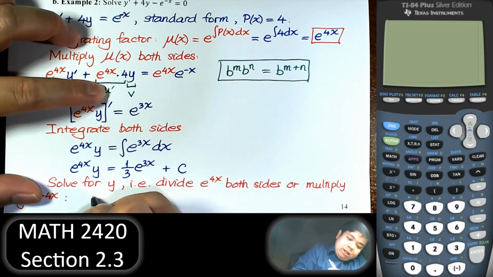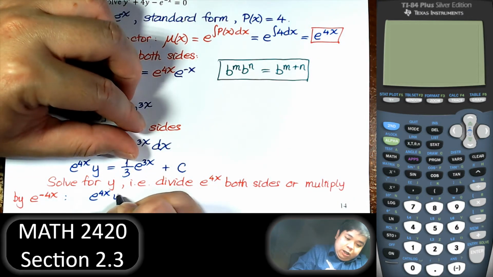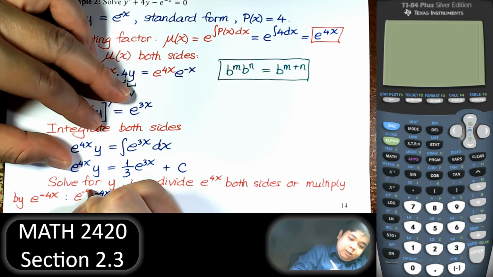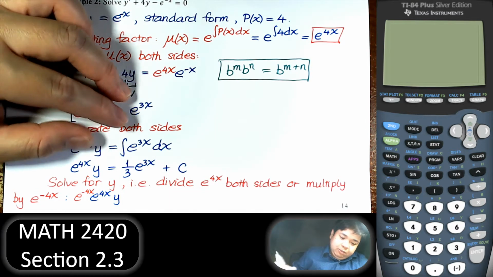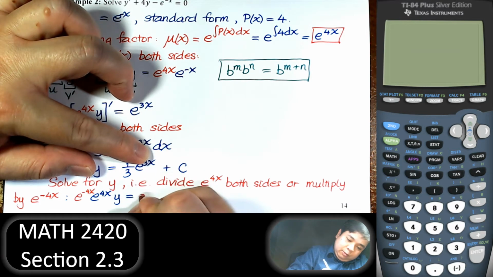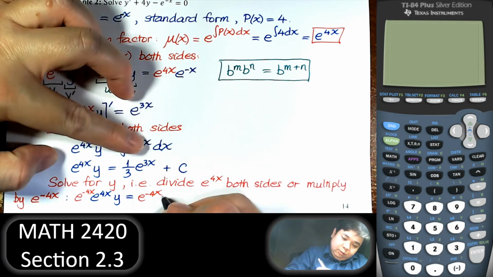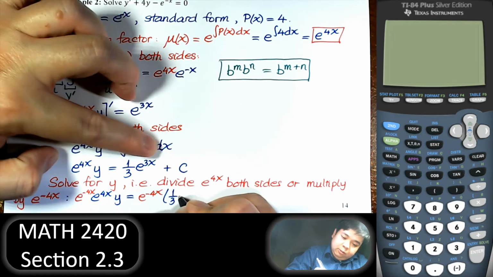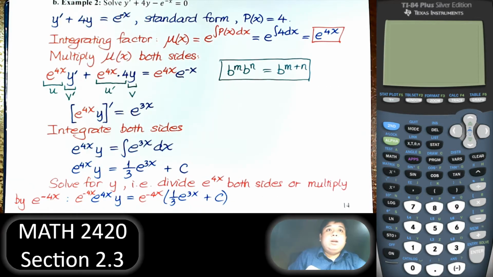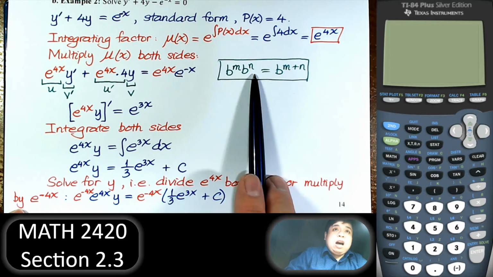So we have e to the 4x y, and we multiply e to the negative 4x in front. And e to the negative 4x and e to the 4x, we can still use those properties.